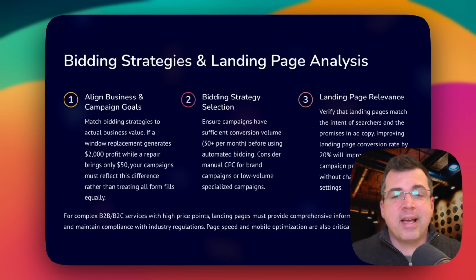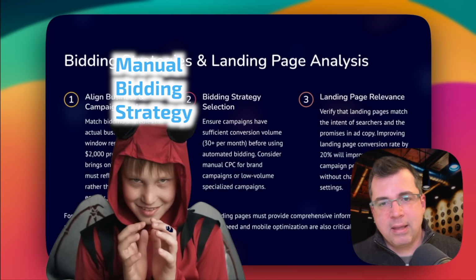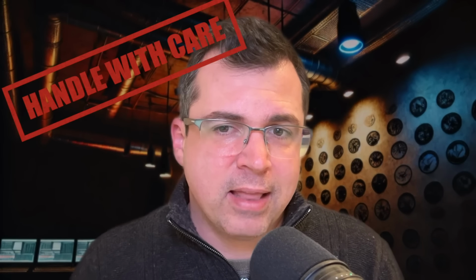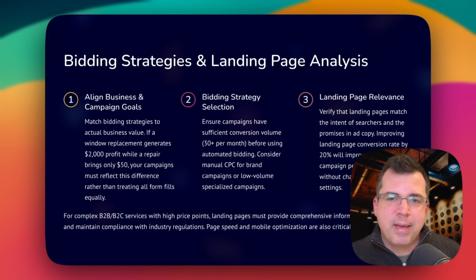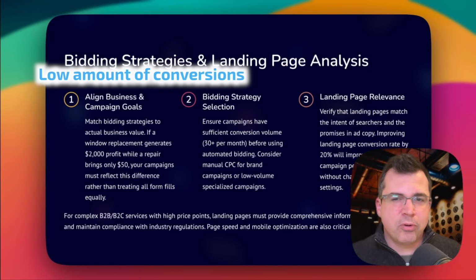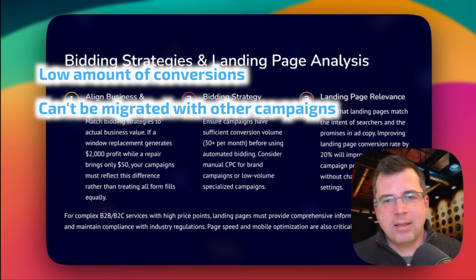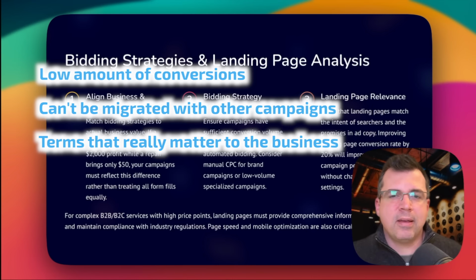I also like to emphasize that manual bidding strategy is not inherently evil, and it has its place in your strategy if it's handled with care. For example, brand campaigns can be run very effectively with manual CPC. Also campaigns that have a low amount of conversions but for some reason cannot be migrated with other campaigns, and if you have a few terms that really matter to the business and you just want to be there no matter what, sometimes there is no other way to force Google to show you for that term, so you need to use manual CPC.